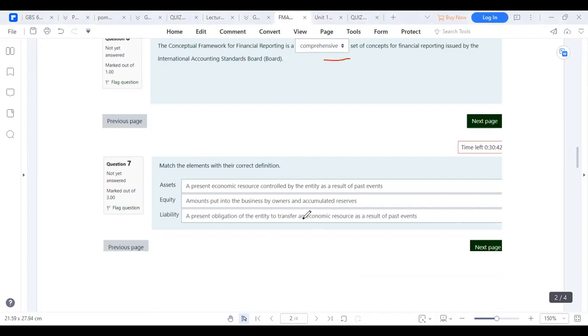Which of the following elements match the following with the correct definition? Assets: a resource controlled by an entity, passive event. Equity: amounts put in by the owner. Liability: obligation to transfer an economic resource. But you have to choose from them.